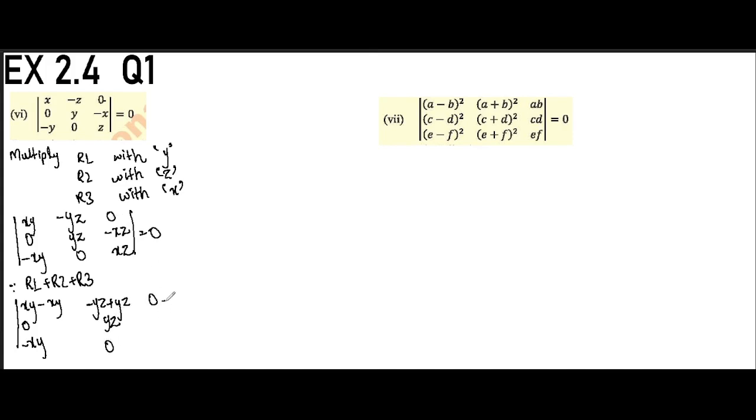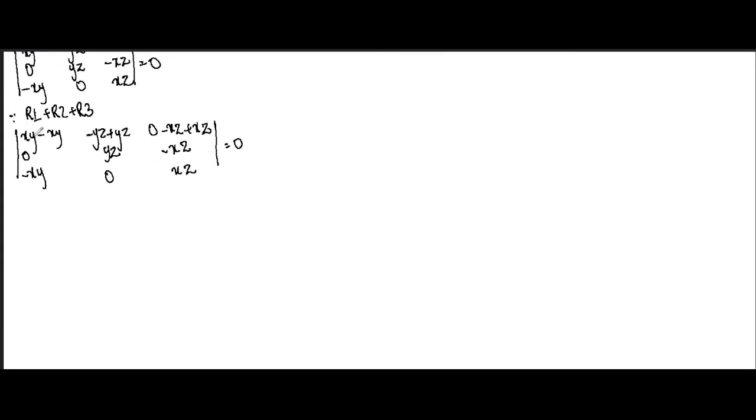Then we have 0 minus xz plus xz, and then we have the rest of the rows written as it is. Now we are going to cancel them, and we are left with a complete row of zeros. And let's write the rest of the rows.